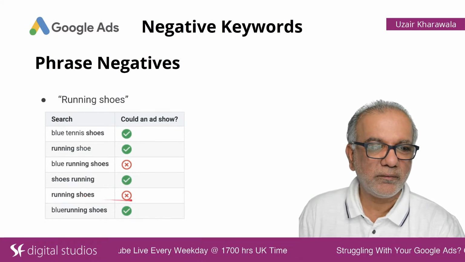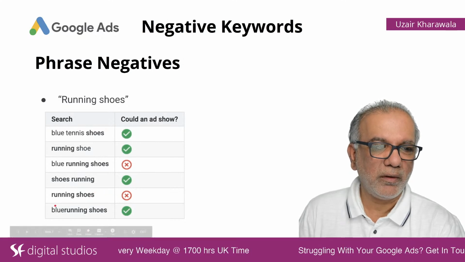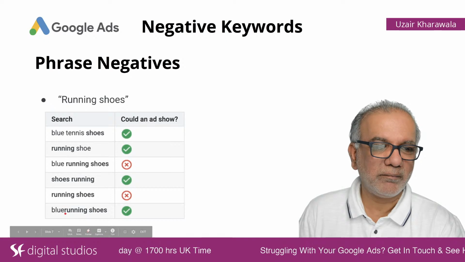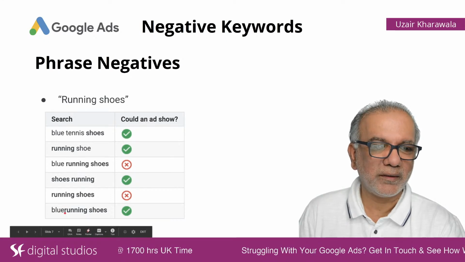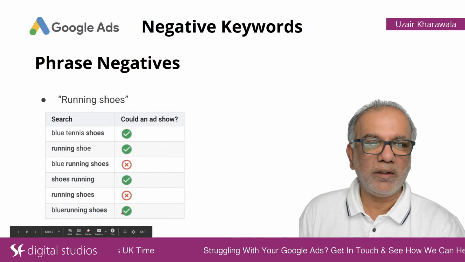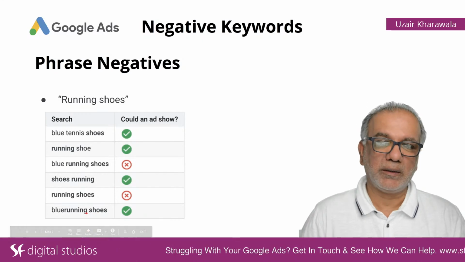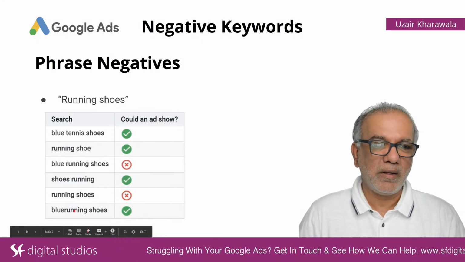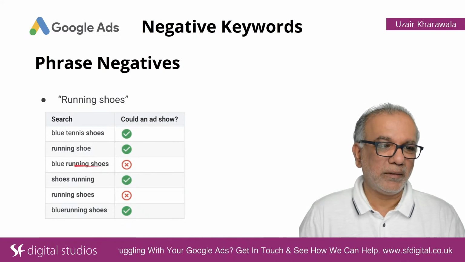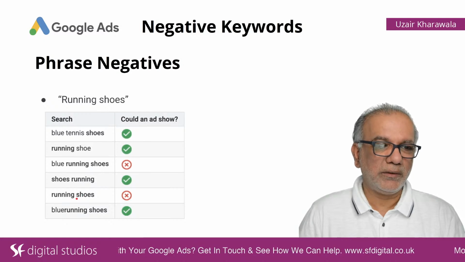Running shoes, no, because it's going to get blocked. And this one will not block the search term because there is a typo or misspelling, as there should be a space. So the only two which will stop your ads from running are this one, because it is a phrase match, and running shoes.